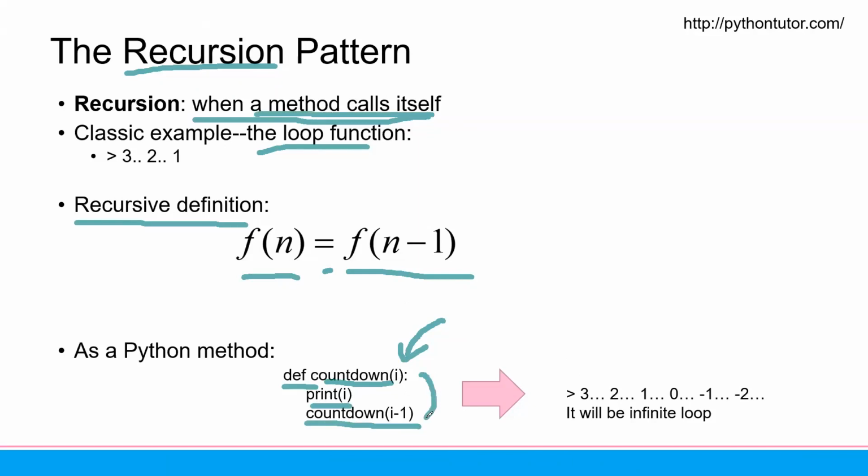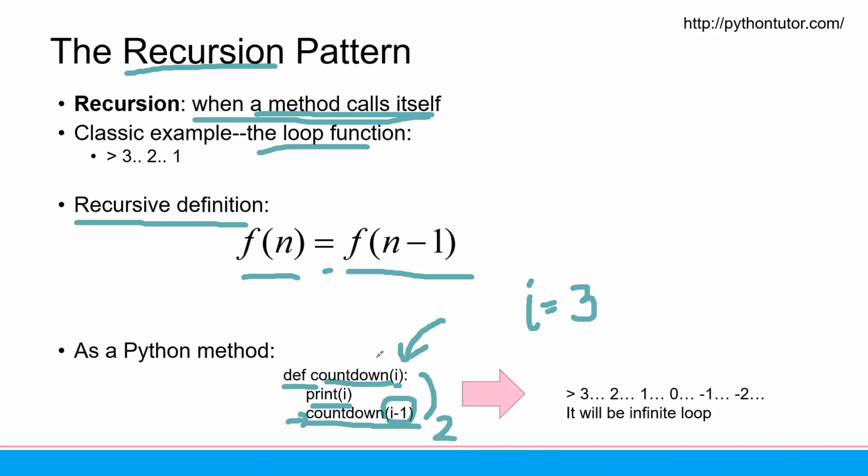So when i equals 3, for example, I will call countdown again, but now the parameter will be i minus 1, so it will be 2.